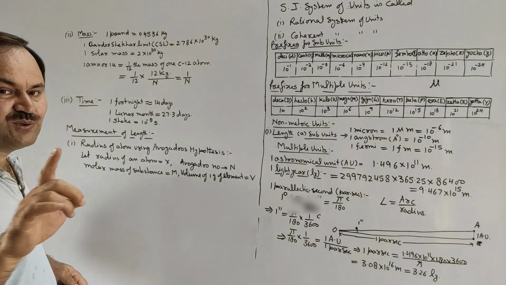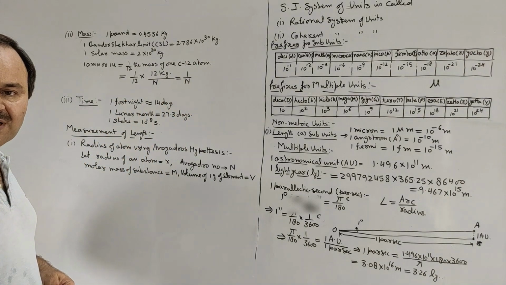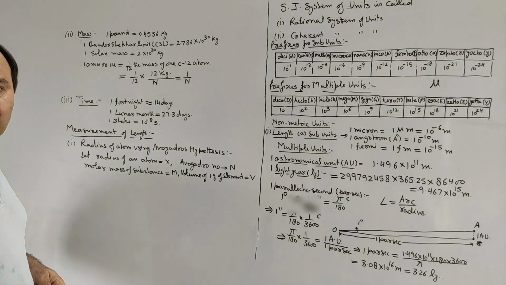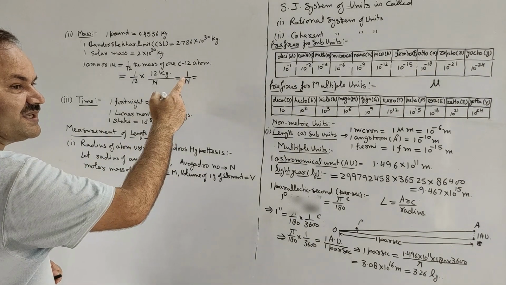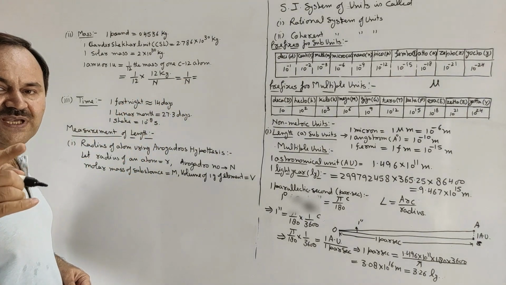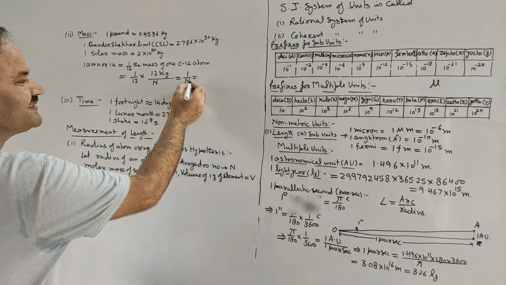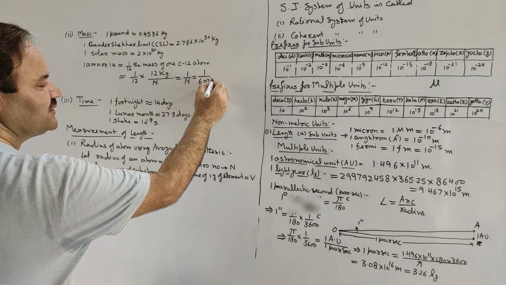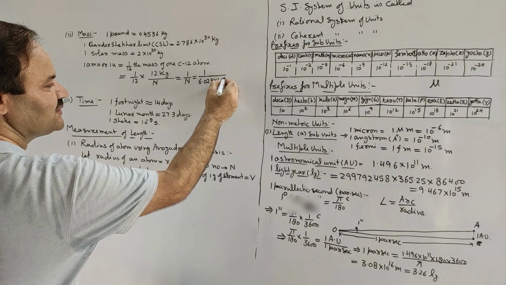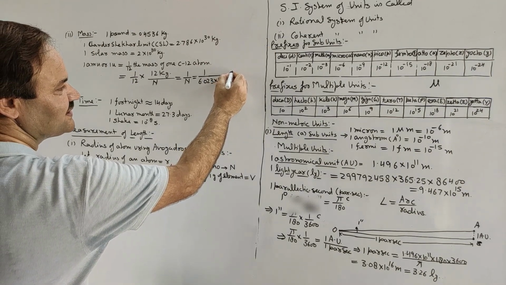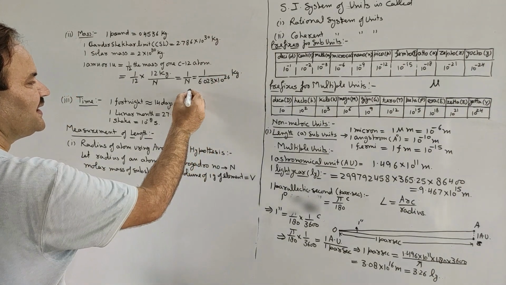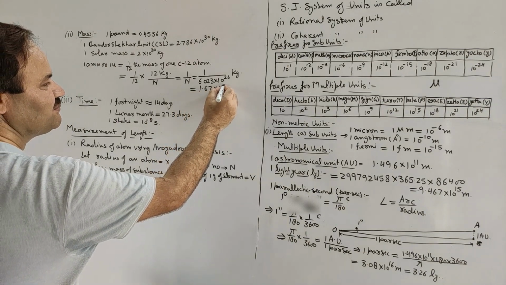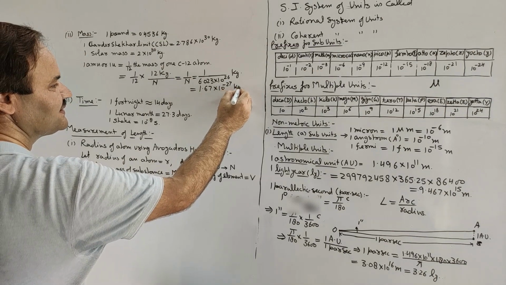If you put the value of N in per gram mole, then this mass will come out to be in gram, but if you put this value in per kilogram mole, then this will come out to be 1 upon 6.023 into 10 to the power 26 kilogram, and this will be perhaps 1.67 into 10 to the power minus 27 kg.